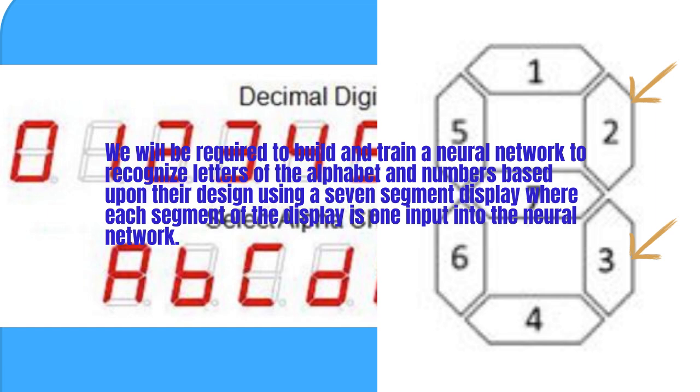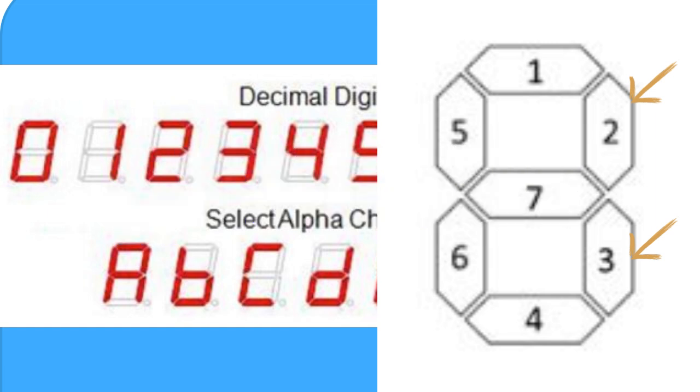So the neural network we are going to develop should recognize numbers and alphabets. How are we going to do that? For example, using the numbering of the segments in the picture, as you can see, we have 8 here: 1, 2, 3, 4, 5, 6, 7.